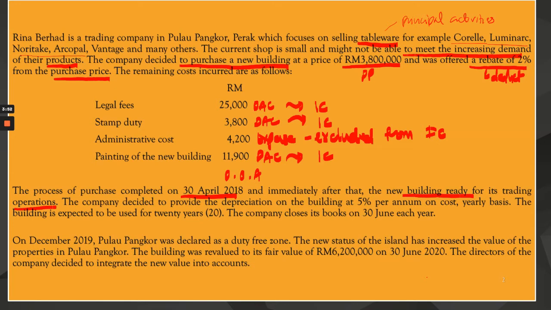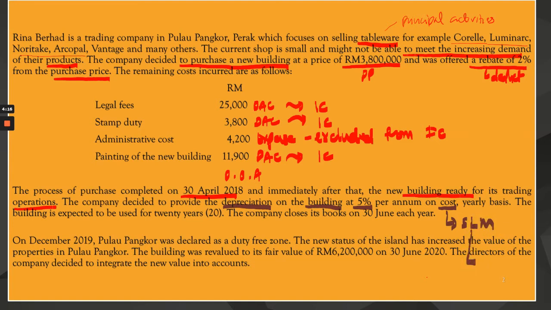The company decided to provide depreciation. So this is the information on depreciation. The depreciation on the building is 5% per annum on cost. On cost means this is going to use the straight line method, but be careful.